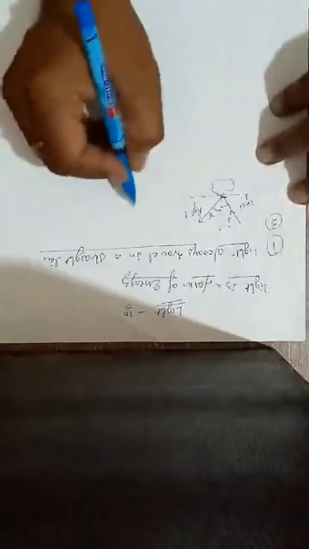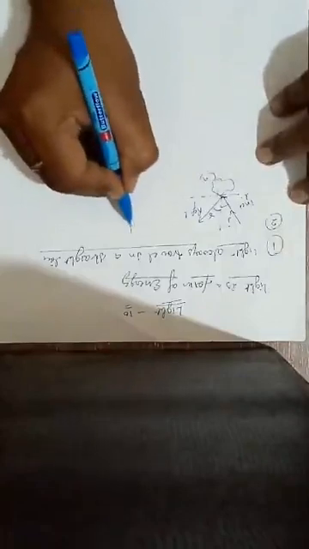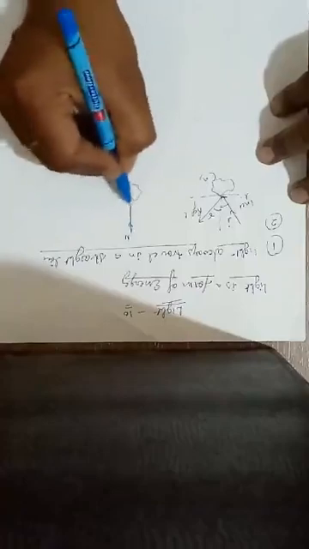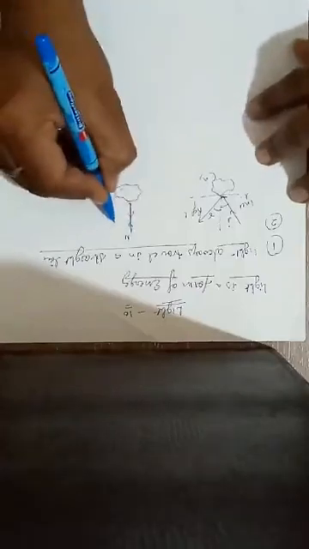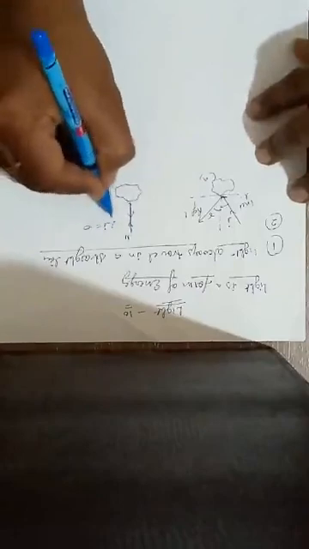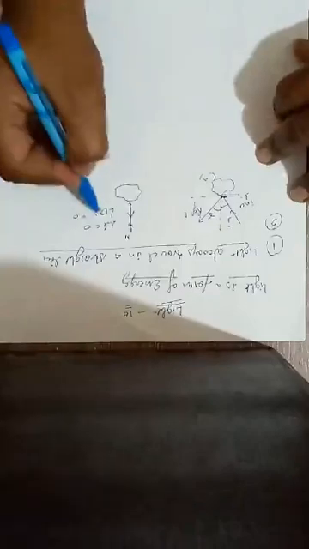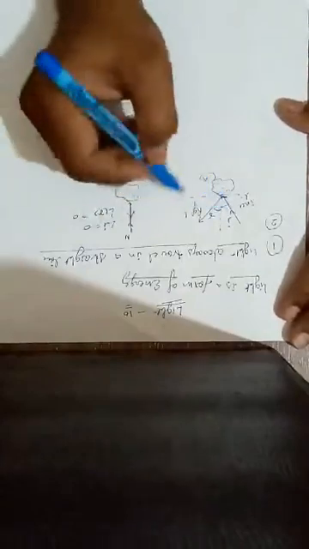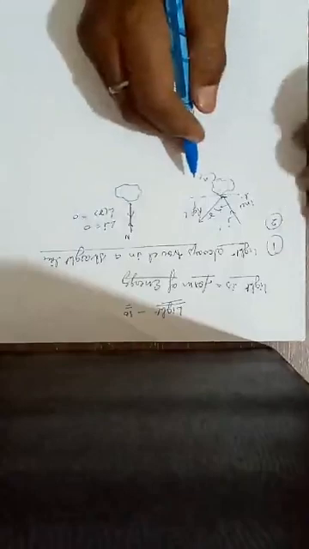If light comes along the path of the normal, then the light reflects along the same path, because here the angle of incidence is 0, so the angle of reflection is also 0. This happens only when light falls perpendicular to the surface. So reflection basically is the bouncing back of a ray of light in the same medium.